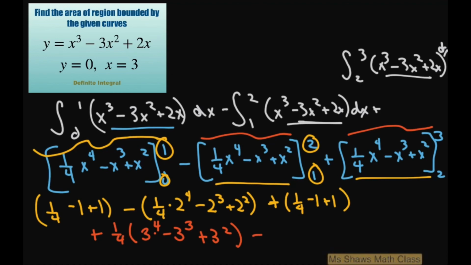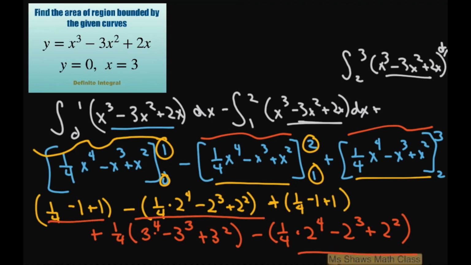Then you have to subtract 1/4 times 2 to the power of 4 minus 2 cubed plus 2 squared. Alright, these two are the same. These two are the same. And this one is the one that's a little different.